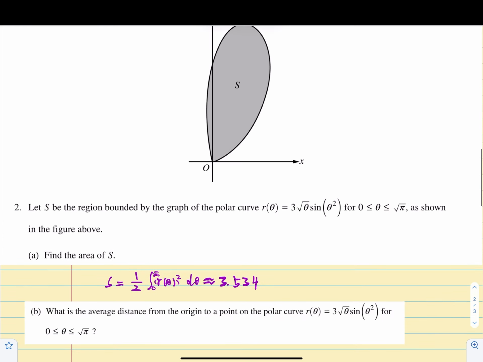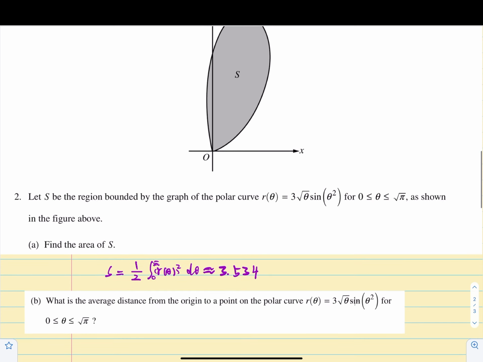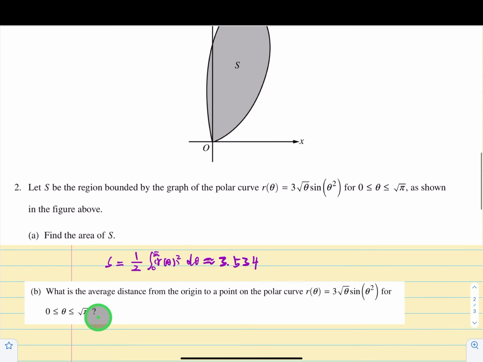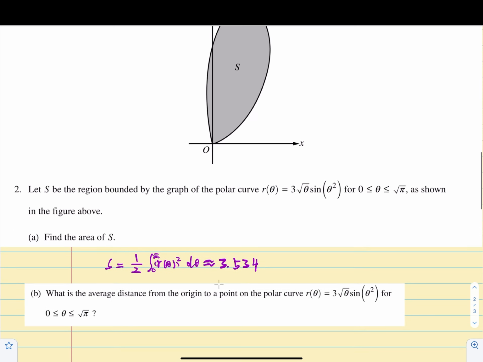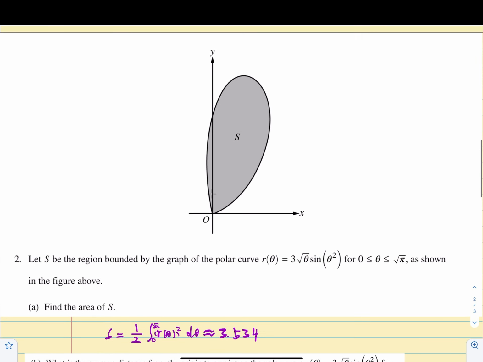Let's go to question B. The question B asks: what is the average distance from the origin to a point on the polar curve r(theta) equal to this function for theta between 0 and the square root of pi? If we want the average distance from the origin to a point on the polar curve, we need to know the whole length.